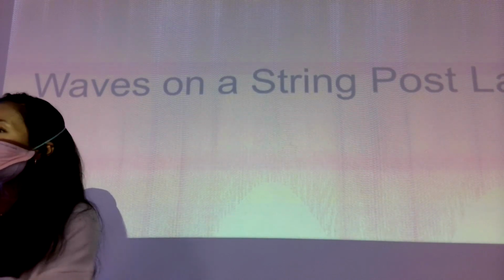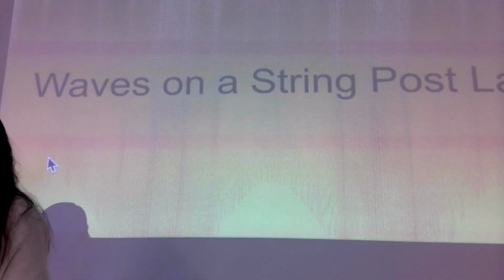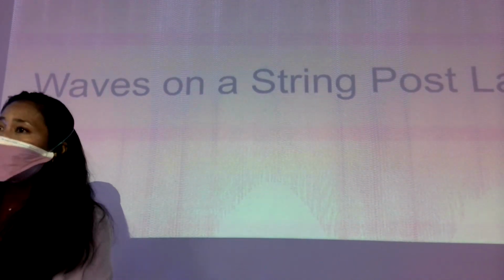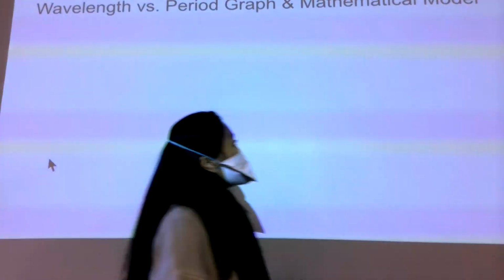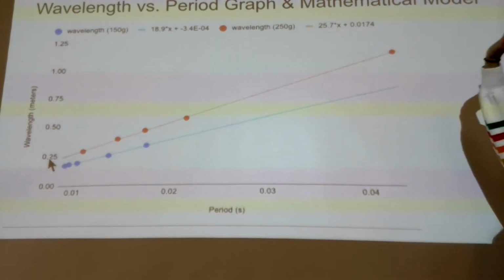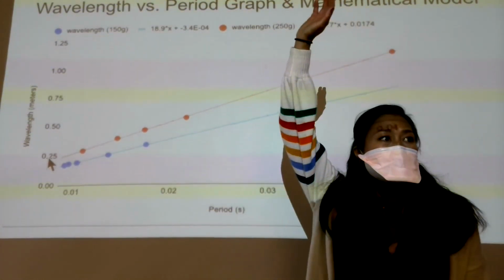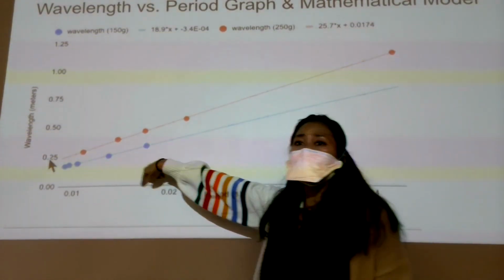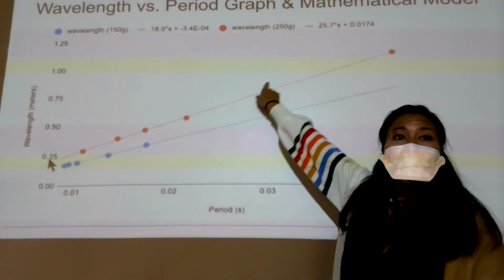You're estimating the length of your wave, so that could affect your data as well. But how many of you got two positively sloped lines showing that the wavelength and the period are directly proportional?